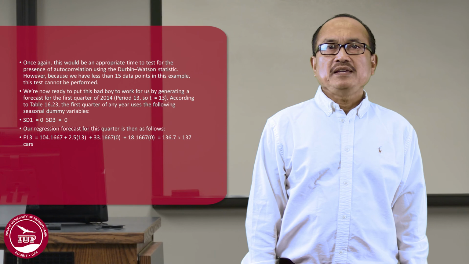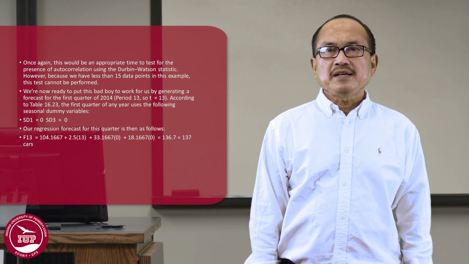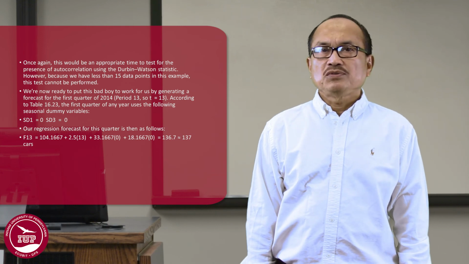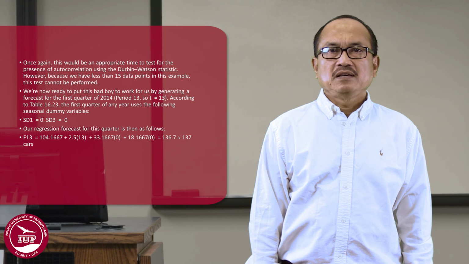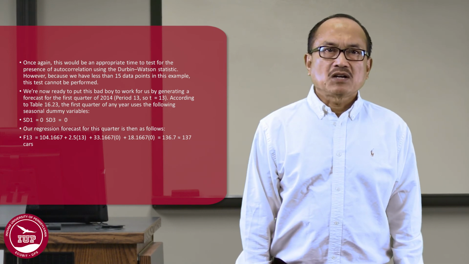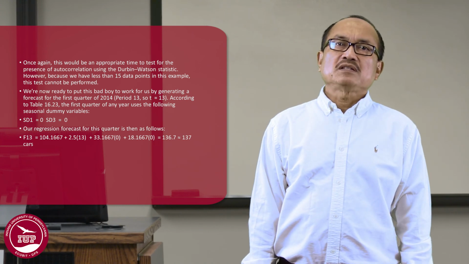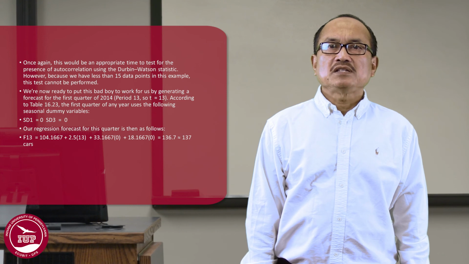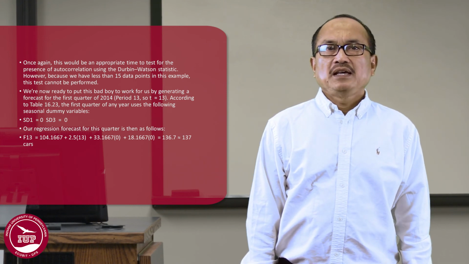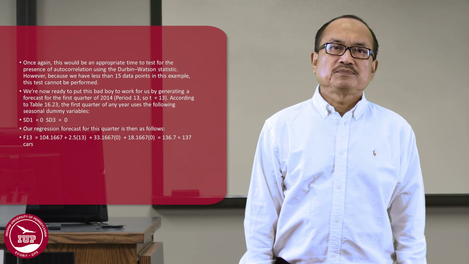We are now ready to put this bad boy to work for us by generating a forecast for the first quarter of 2014, period 13, so t equals 13. According to Table 16.23, the first quarter of any year uses the following seasonal dummy variables: SD1 equals 0, SD3 equals 0.